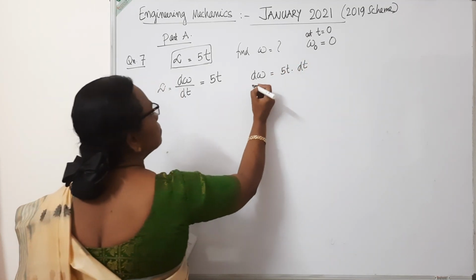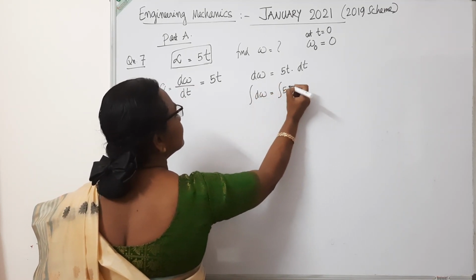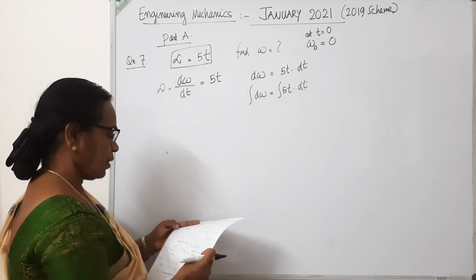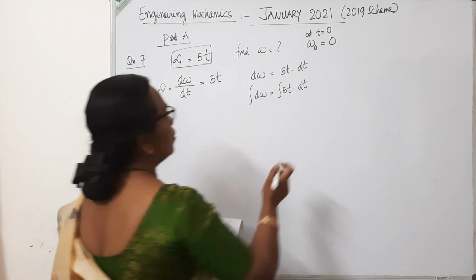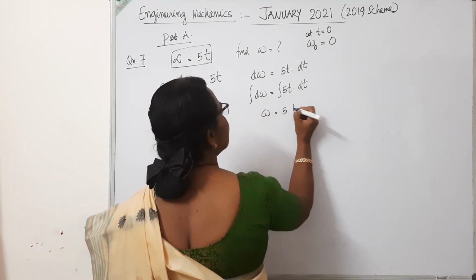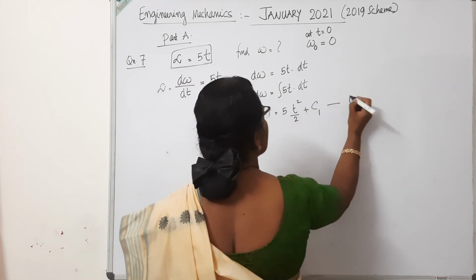So integrating both sides, integral d omega is equal to integral 5t dt, or we can write omega is equal to 5 t square by 2 plus a constant of integration, say c1.